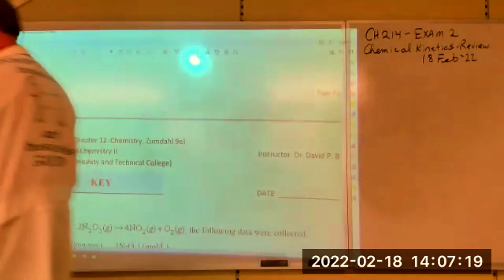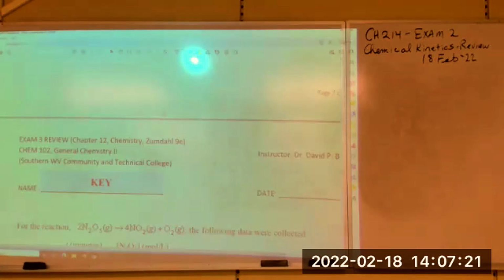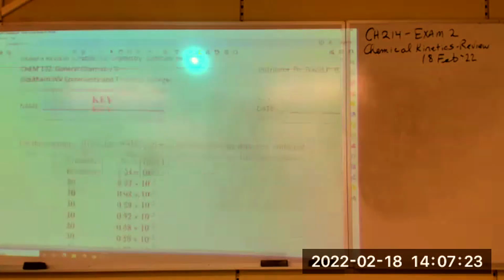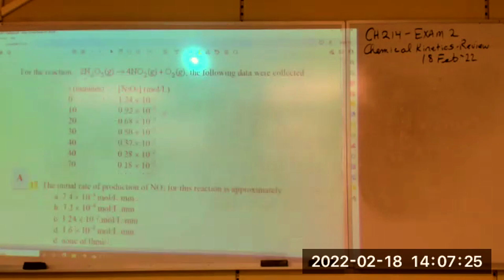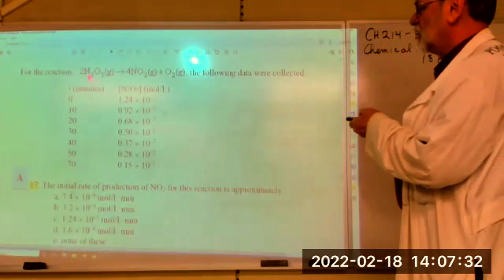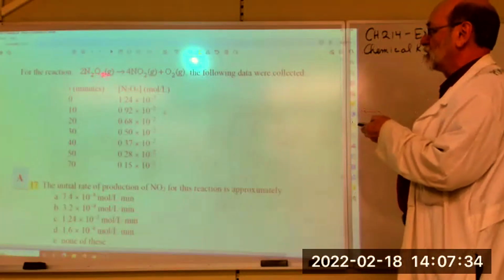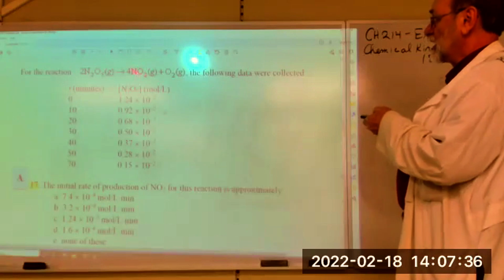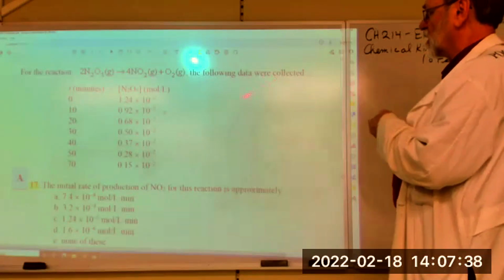Okay, let's see. Are we going to do 17 also? Yeah, 17. All right. So for this reaction, dinitrogen pentoxide yields nitrogen dioxide plus oxygen. The following data were collected.